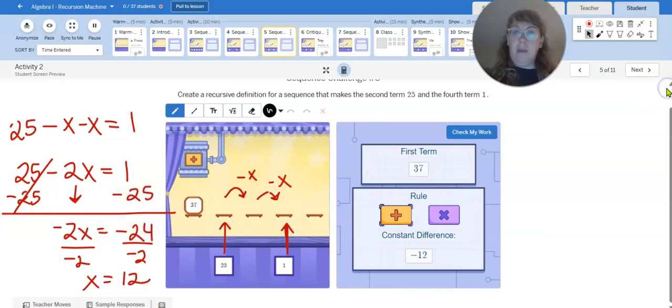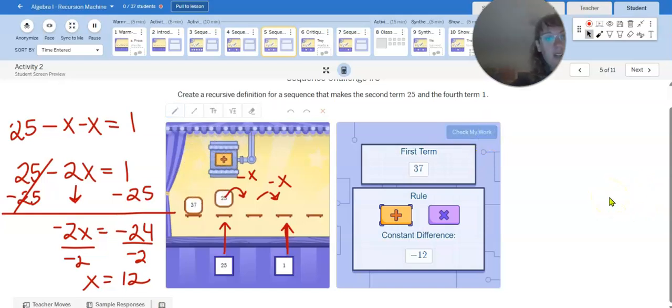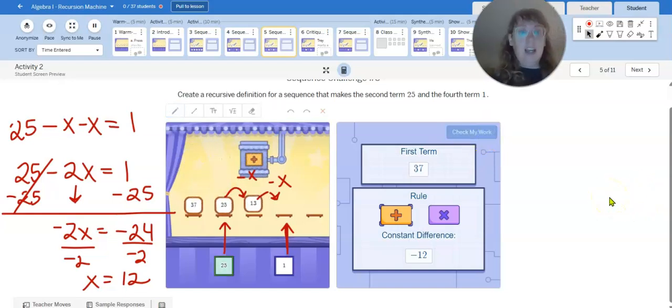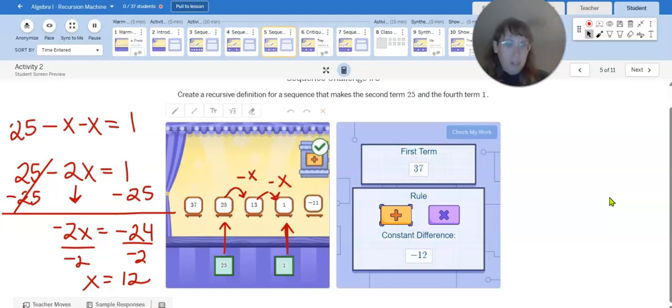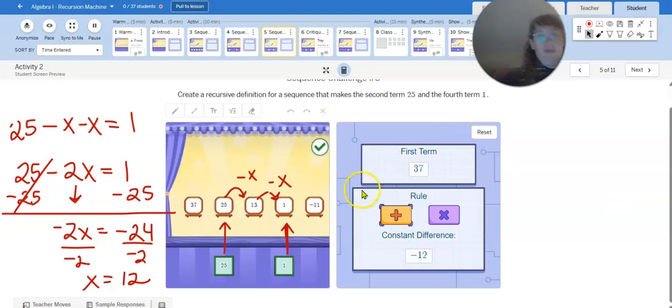So we just did the opposite addition to work ourselves backwards. Let's try this out, see if it worked. 37 minus 12 is 25. 25 minus 12 is 13. 13 minus 12 is 1. And 1 minus 12 is negative 11. Beautiful. Brilliant. So we can definitely do that using constant difference.